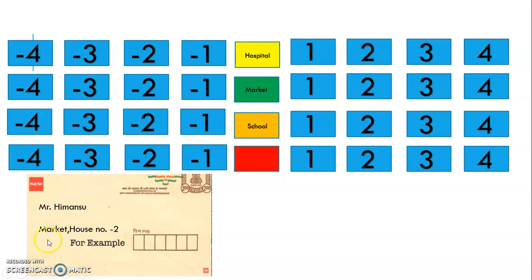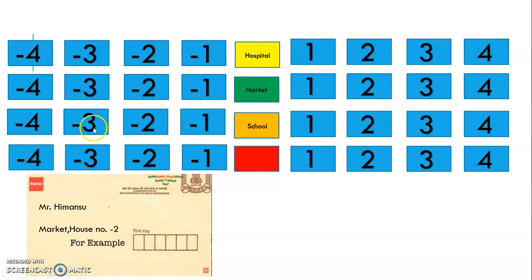So if we get an address say market house number -2, first हमें क्या करना चाहिए? First we go to the row in which the market is. Okay, and now -2 means we'll have to go 2 blocks to the left of market.